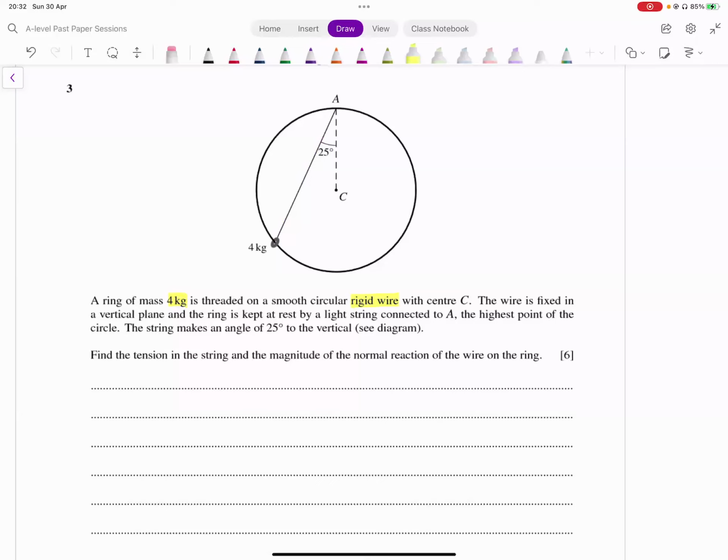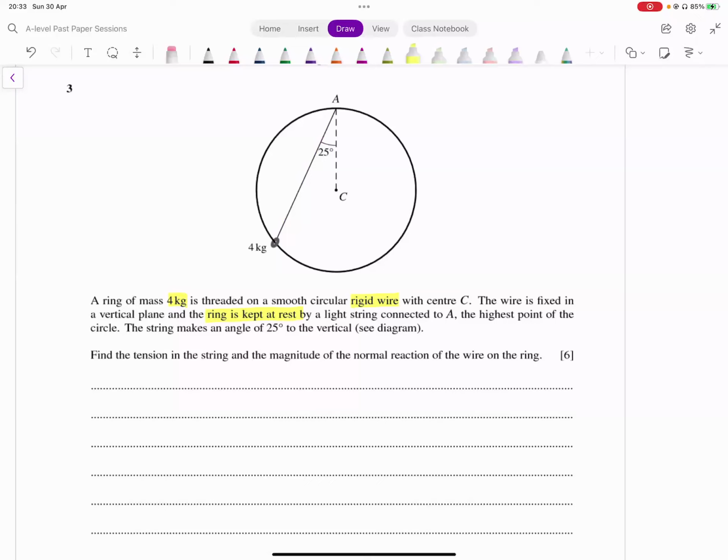Okay, so it's kept at rest, it means there is equilibrium. Okay, the opposite forces होंगी वो equal होंगी, left वाली force right के equal, upward force downward force के equal. Keep that in mind. The highest point of the circle is A. वो आपको नजर आ रहा है। The string makes an angle of 25 degrees to the vertical.